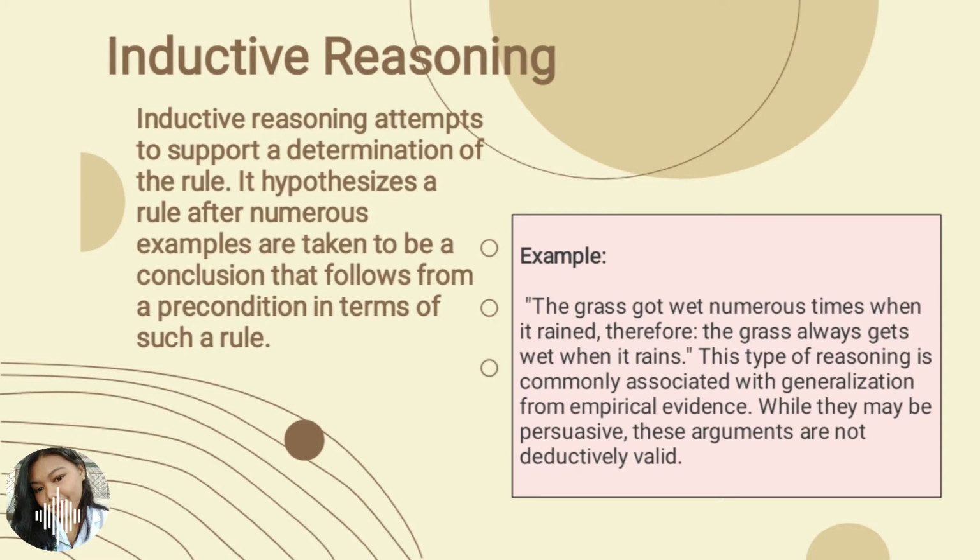And in inductive reasoning, the premises are logically true, but the conclusion may or may not be true. So it came from a specific argument to a general conclusion. So that is the distinction between deductive reasoning and inductive reasoning.